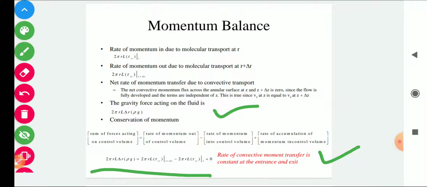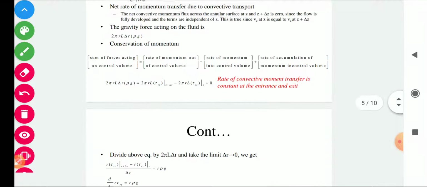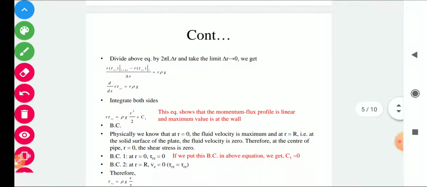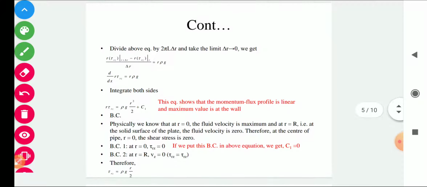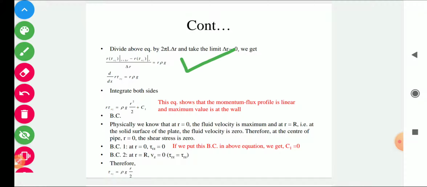If we simplify this equation, divide by 2 pi L delta R and take the limit delta R tends to 0, the equation reduces to differential form: d by dr of r tau rz equals r rho g.